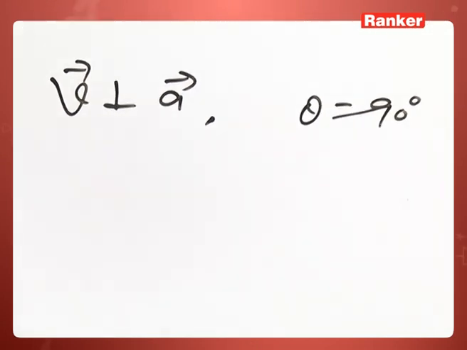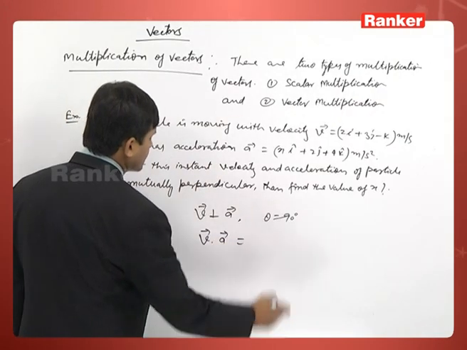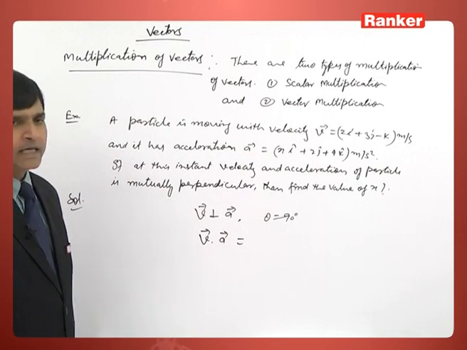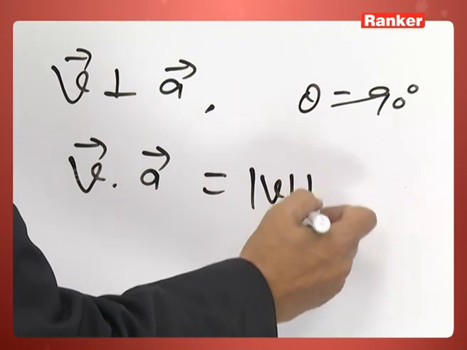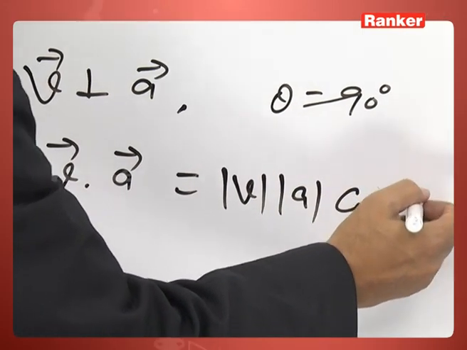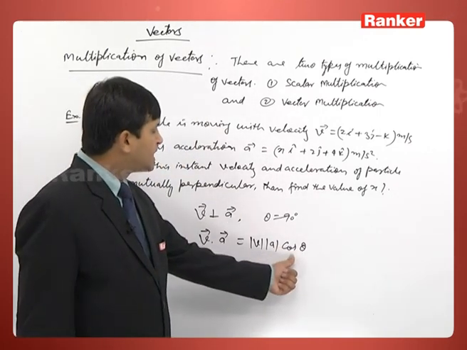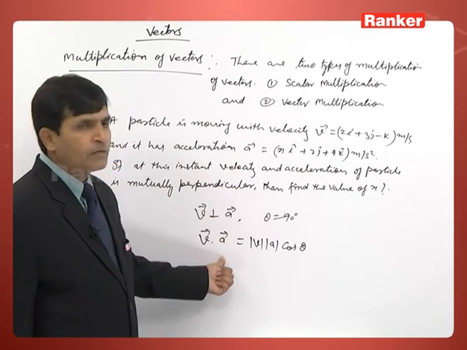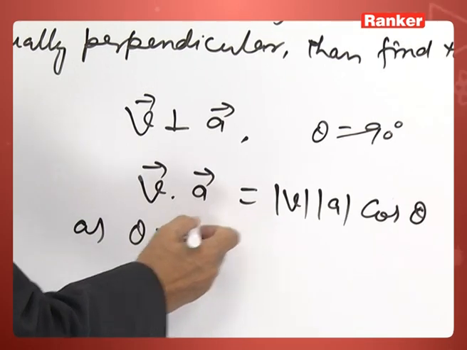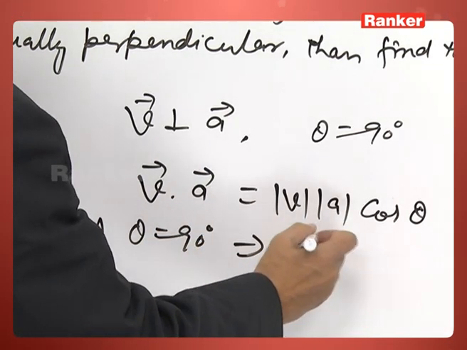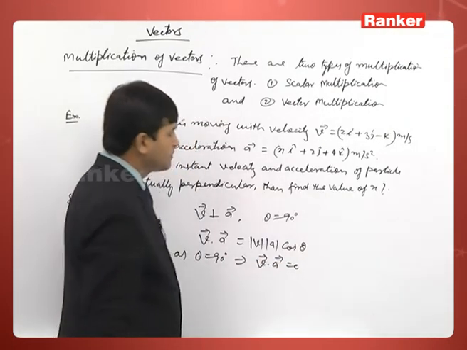As per the dot product, as we know, whenever two vectors make an angle 90 degree, if we do V dot A, we will get mod V mod A cos theta. Now, if theta is 90 degree, their dot product will always be 0. So, V dot A is 0.